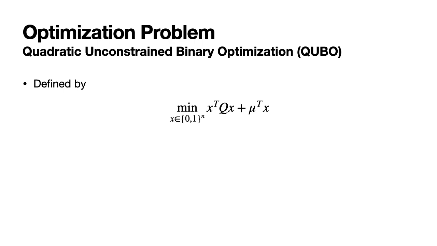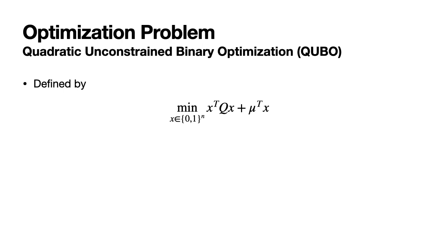The goal is to find the specific binary string x that minimizes this quadratic function parameterized by the matrix Q and vector mu. Although it looks simple in expression, it's incredibly difficult to solve optimally for large values of n due to the exponential size of the search space.